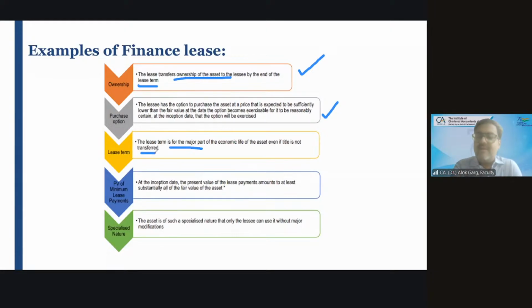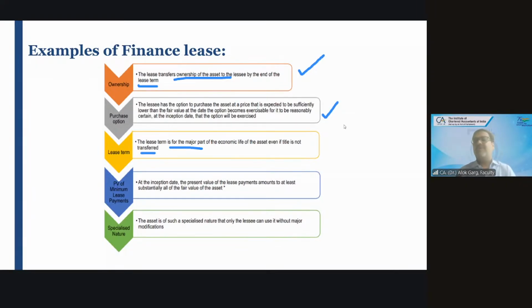For example, the life of the diesel car is 10 years, and you got the asset for 8 years. So tell me whether the lease term of 8 years is for the major part of the economic life of the car or not.